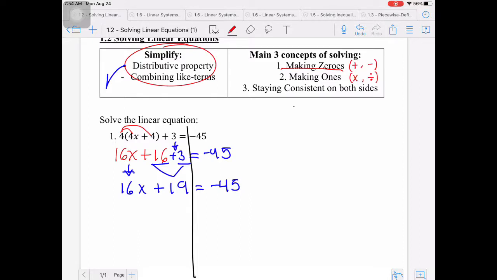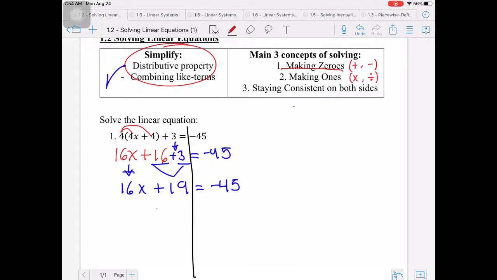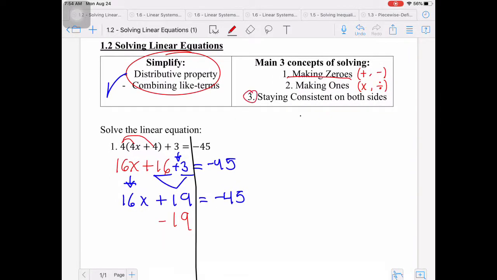How can I make that 19 into a 0? If I have positive 19, I subtract 19. And remember, we got to stay consistent on both sides of the equation. So if I'm subtracting 19 on the left side, I got to do it to the right side as well.